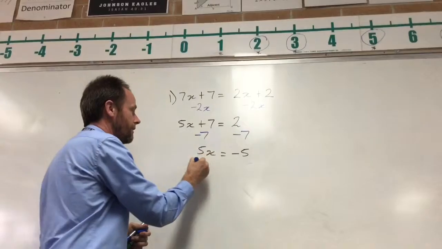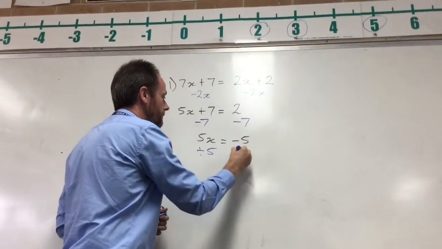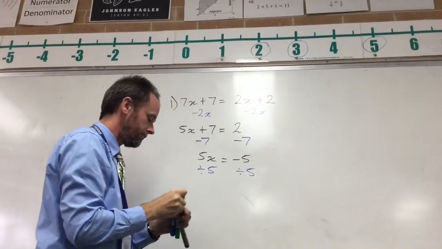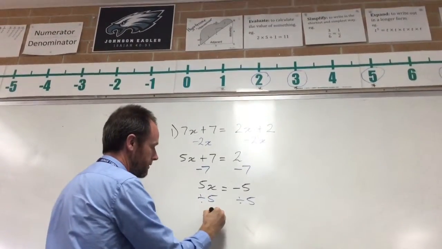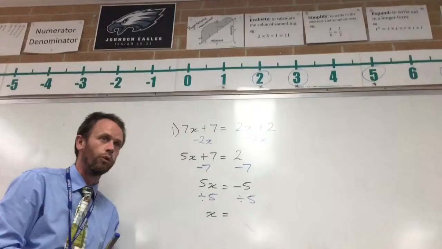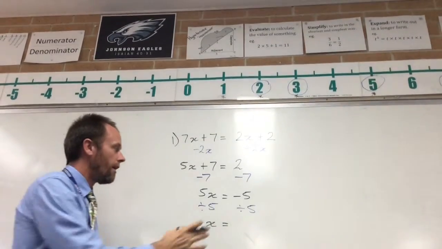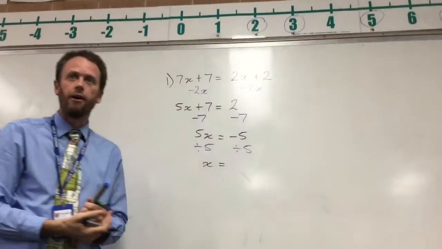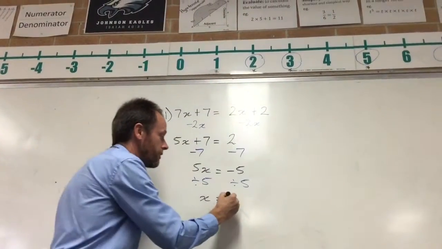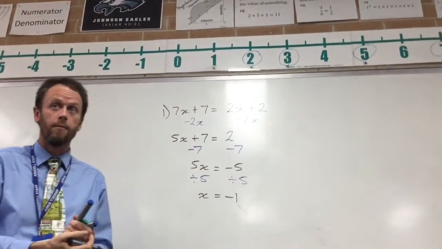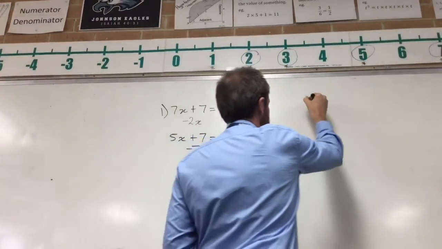To reverse that, divide by 5. 5x divided by 5 gives us, of course, 1x. We don't need the 1. Minus 5 divided by 5, well, 5 divided by 5 would be 1, but because of the minus, it becomes minus 1.